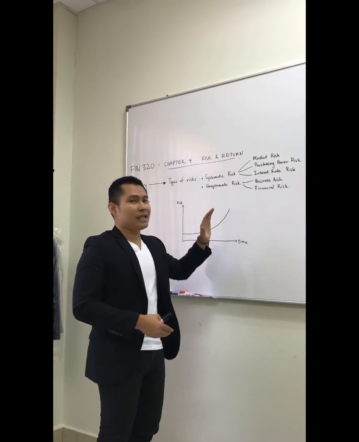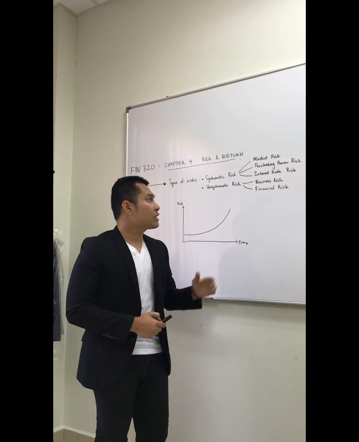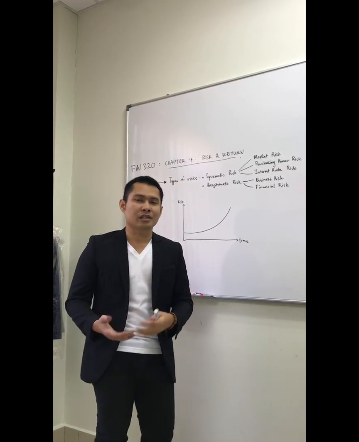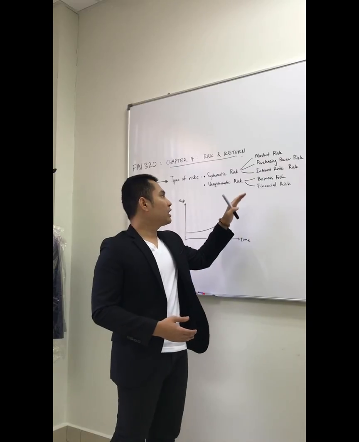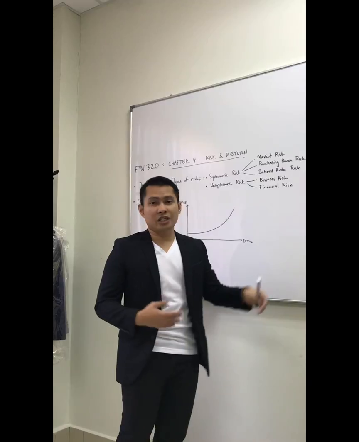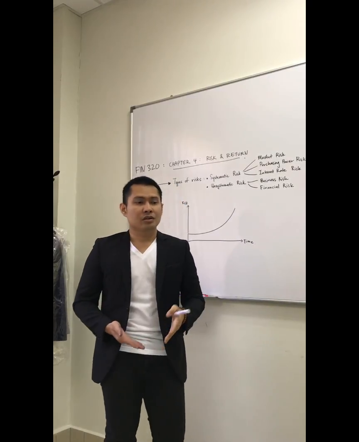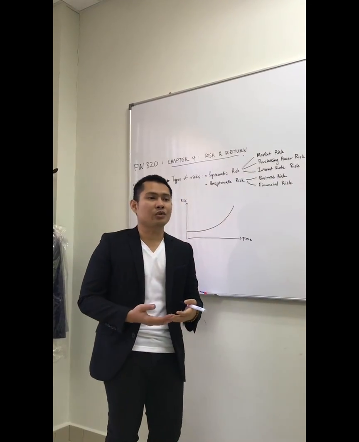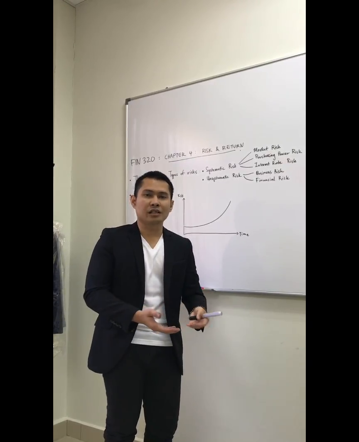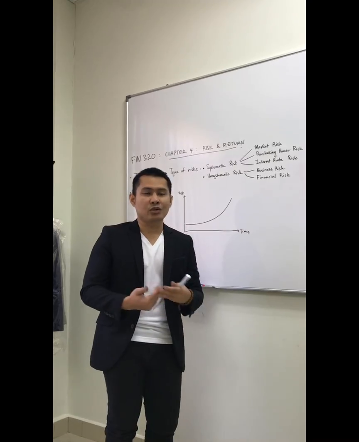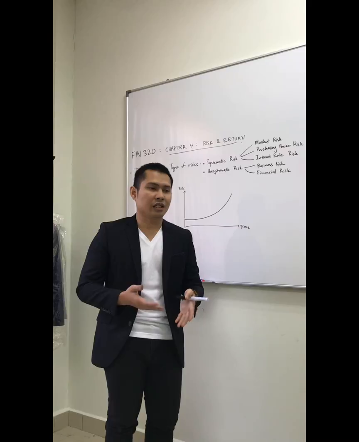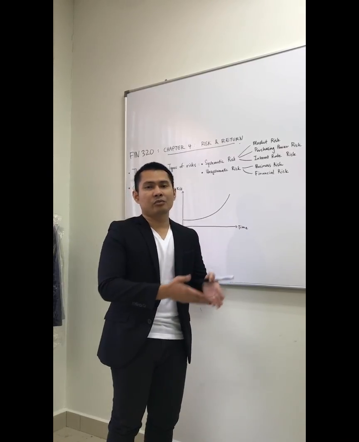Next is unsystematic risk. Unsystematic risks are the risks that you can control. The firm can control this risk. Usually this risk is related to the business, like business risk or operation risk, and also financial risk. For operation risk, how do you increase performance? You hire good, educated, reliable people into your organization, and they can keep your business afloat.